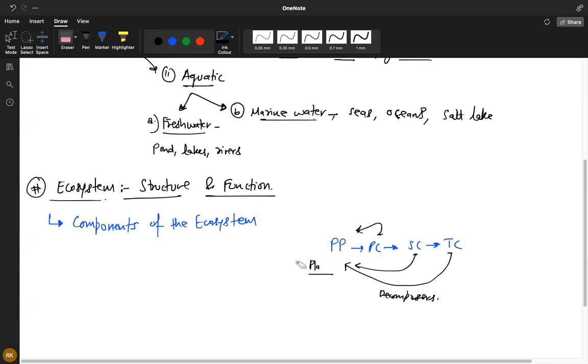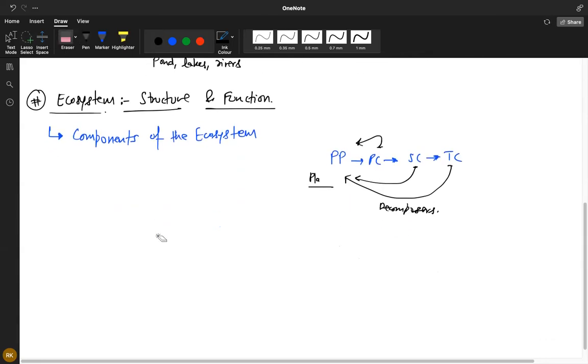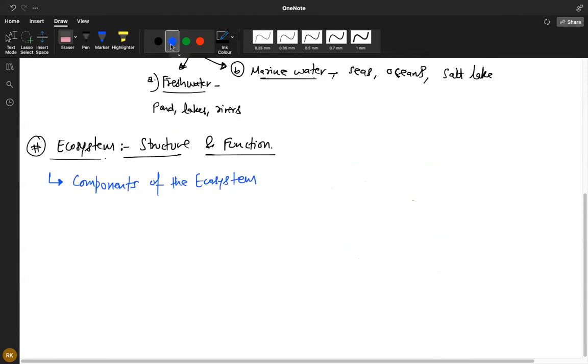So very correctly told by all of you. The components of an ecosystem are the following. The first component of every ecosystem is productivity, correct? Every ecosystem should be able to produce what it needs.